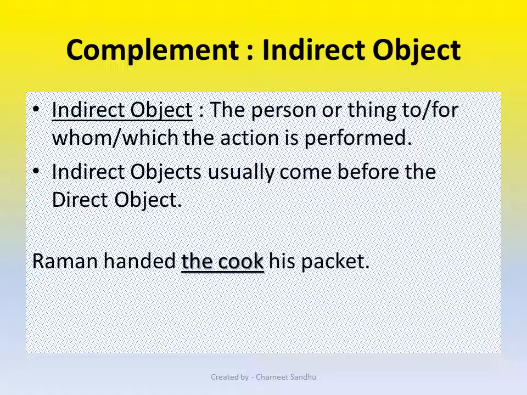Let us look at these examples to understand the concept better. Raman handed the cook his packet. Here in this sentence, Raman is the subject. Handed is the verb. Packet is the direct object because it receives the direct action of the subject Raman. And the cook is the indirect object.